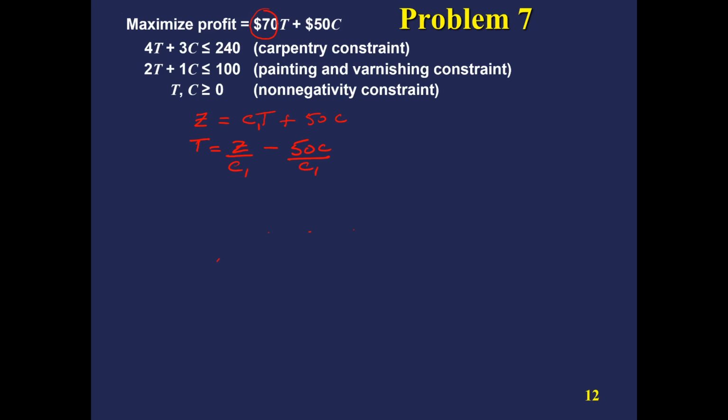Now we make the two constraints equalities and find the slopes of these two constraints also, and equate those to find the range.